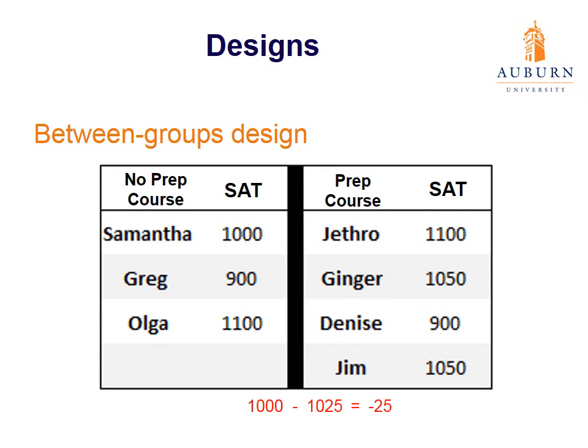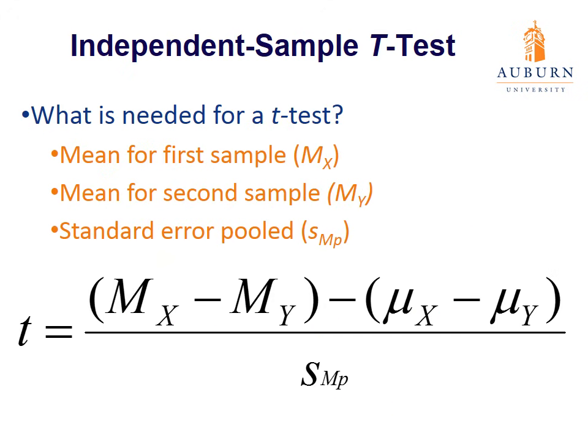We still need to account for variability, but we can now make a comparison between our samples, based on the research hypothesis, to the null hypothesis difference between means of 0. Now let's account for that variability by using our t-statistic formula. So note here we have several different symbols, and you should know what each of the symbols represent. We have M of X and M of Y. Those are the sample means for both of our groups, so the mean for one group minus the mean of the other group.